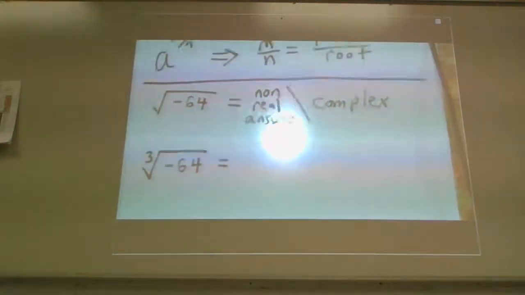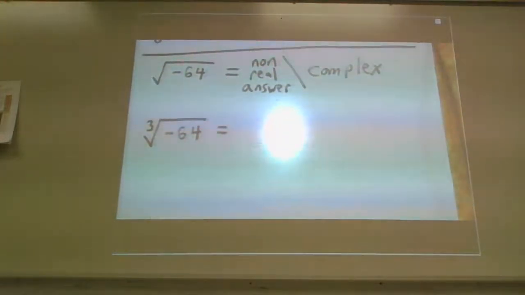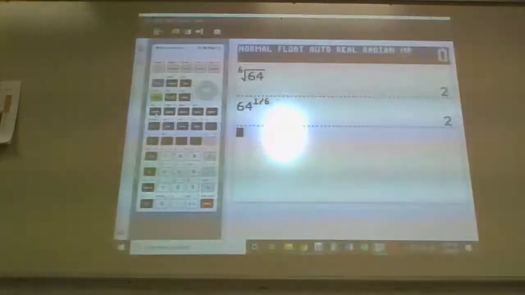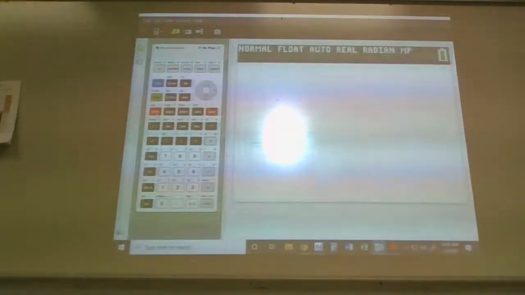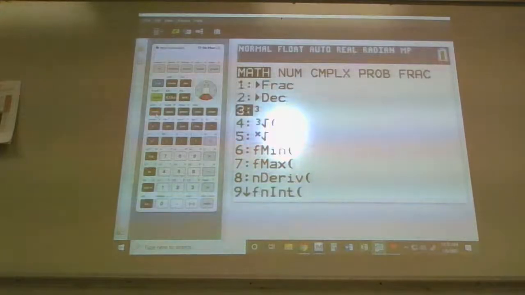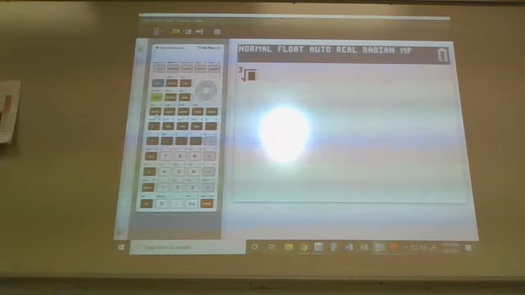However, the cubed root of negative 64 does get you an interesting answer. Let's go to our calculators. I'm going to go math. Actually, you know what? I'm just going to pick the cubed root 1 because it's a cubed root number.